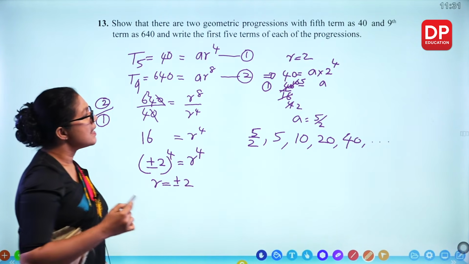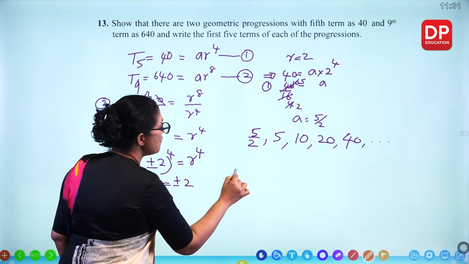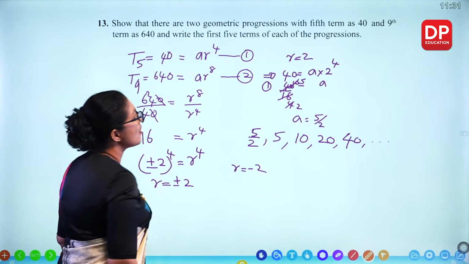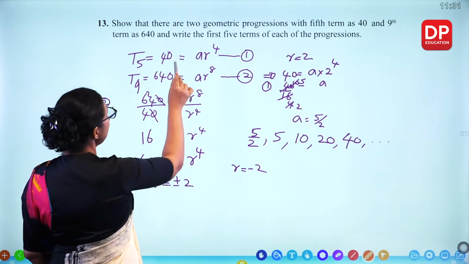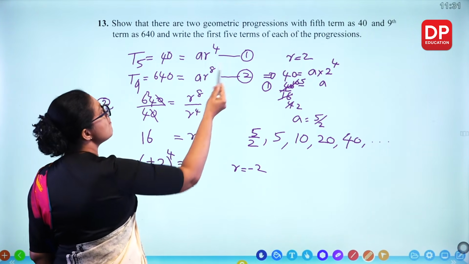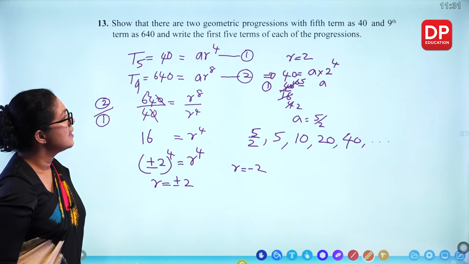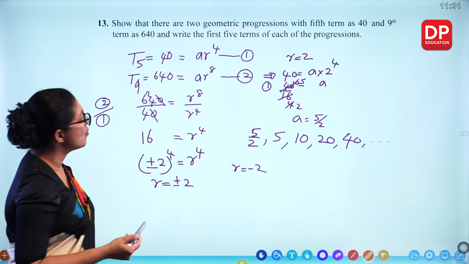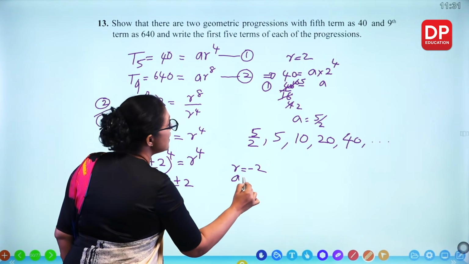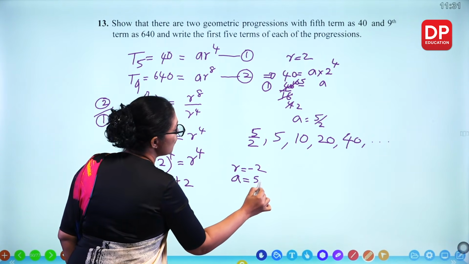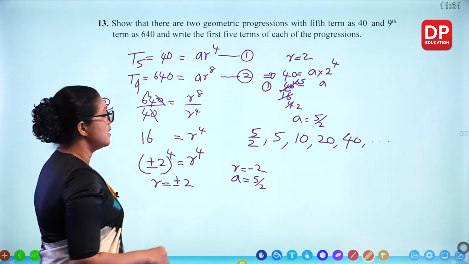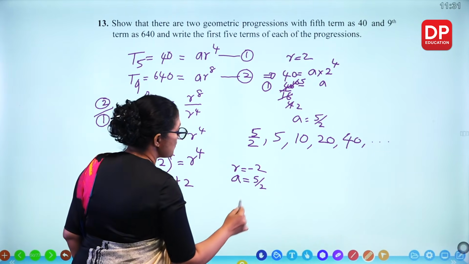That's the sequence. If r is negative 2, what's the a value? Even if this is negative or positive, you get plus 16, 2 to the power 4. So you get a, same value, 5 over 2. Now we'll find out the 5 terms.